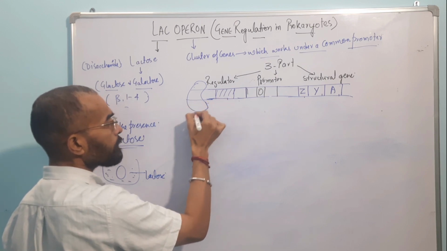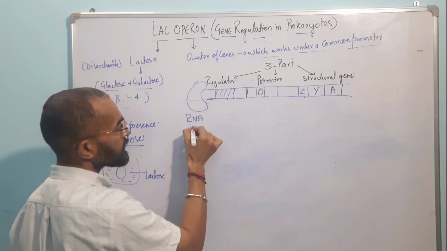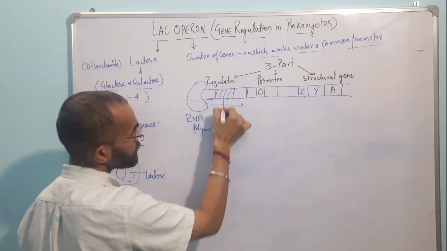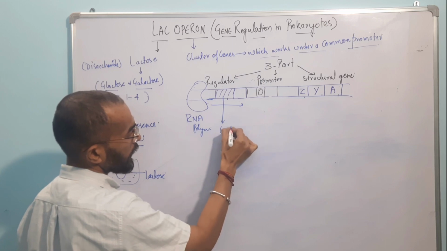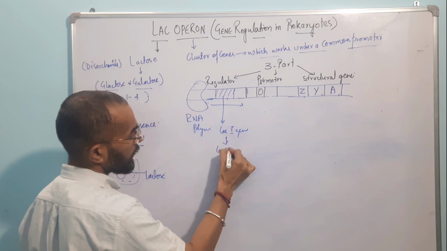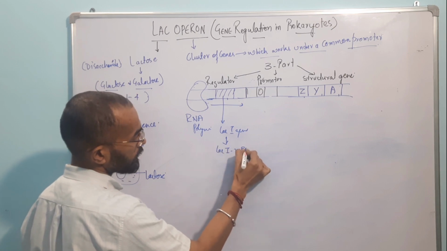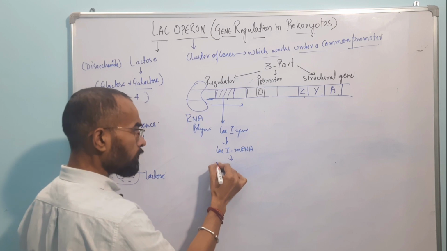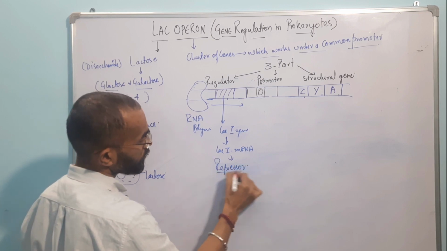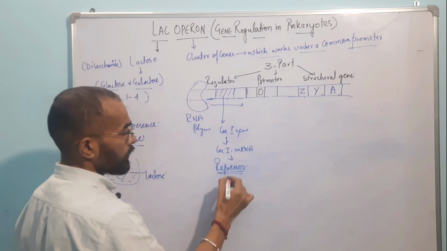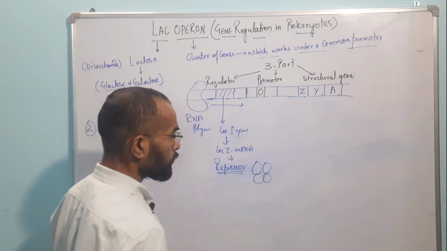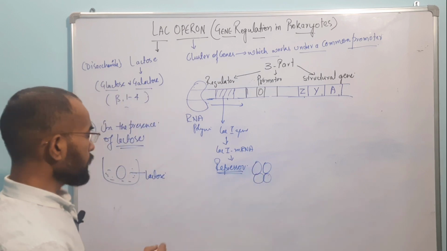RNA polymerase attaches with the DNA, goes in a direction, transcribes the lac I gene, which forms lac I mRNA, and it further forms repressor. Now we say that repressor is a tetrapolymer, homopolymer.